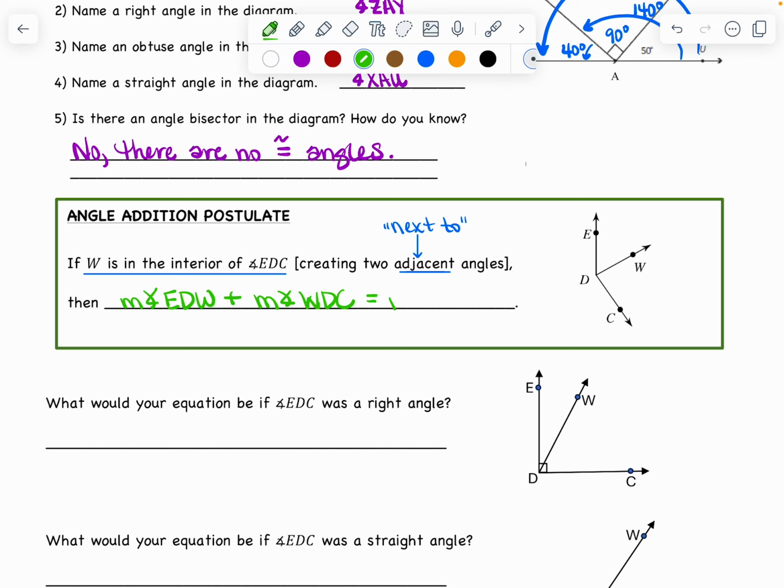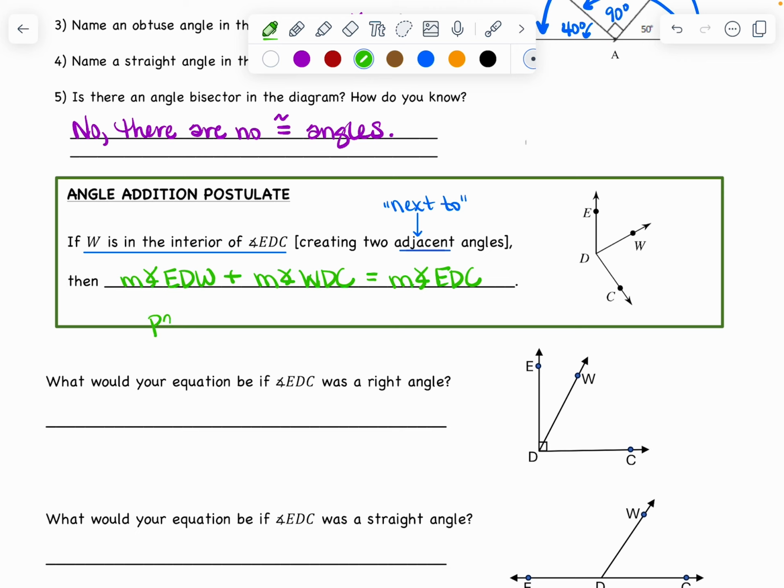If I add those two together, it has to equal the measure of EDC, the whole angle. And again, this is still part plus part equals whole, just like the segment addition postulate. And remember, it doesn't just have to be two parts. If you see an angle split into 5 parts, then it's part plus part plus part plus part plus part equals whole. The whole thing is always equal to the sum of all of its parts.